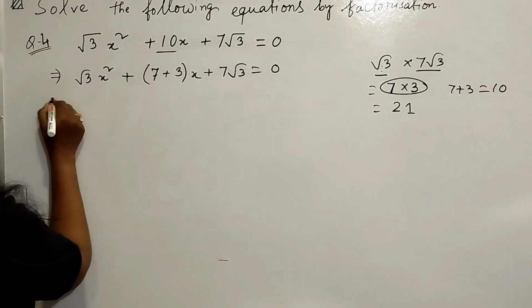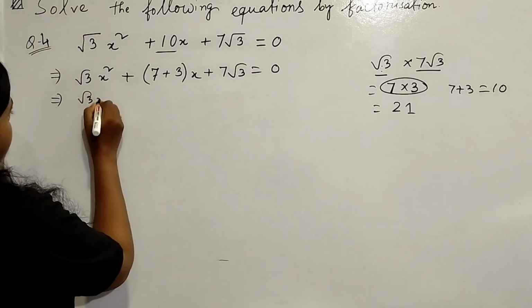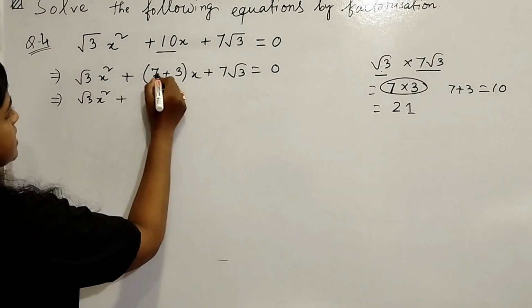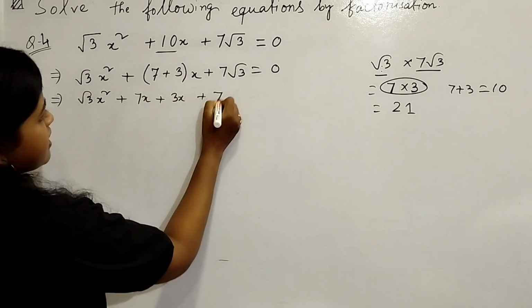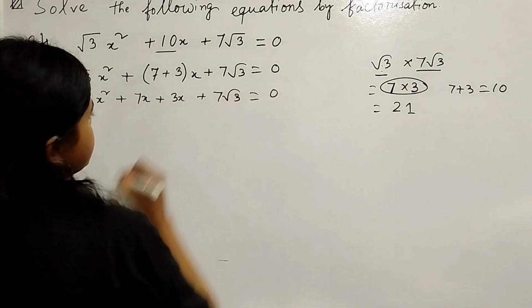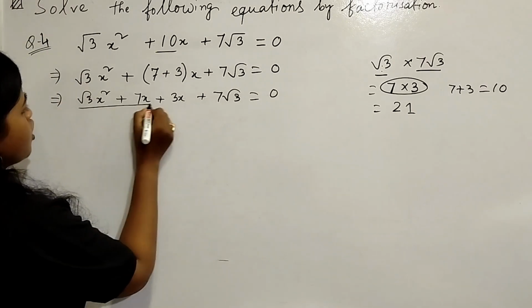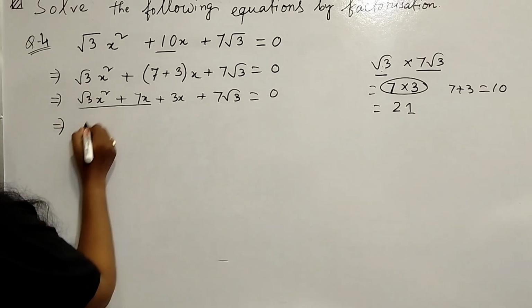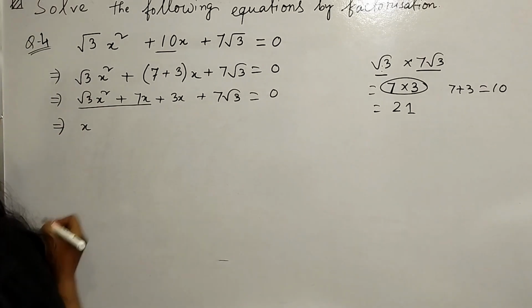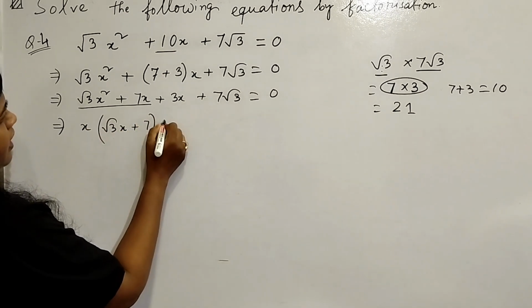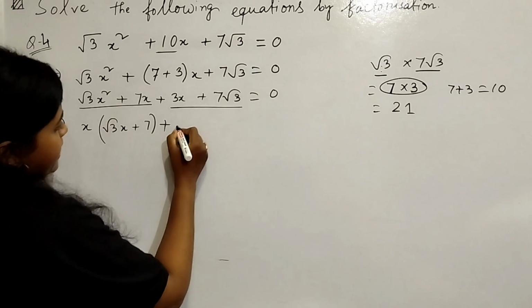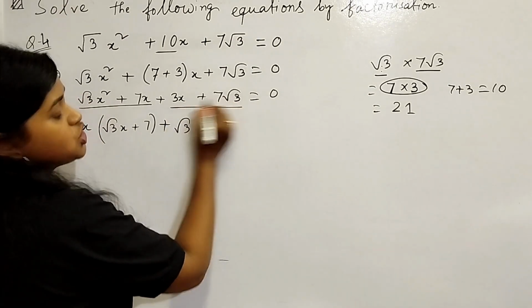Here, so now root 3 x square plus 7x plus 3x plus 7 root 3 equals to 0. So now you have to take common from these two terms. So here x is common, nothing is common there. So root 3 x plus 7, and from these two terms I take root 3 from each term.